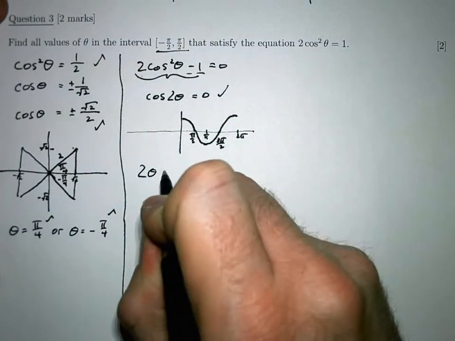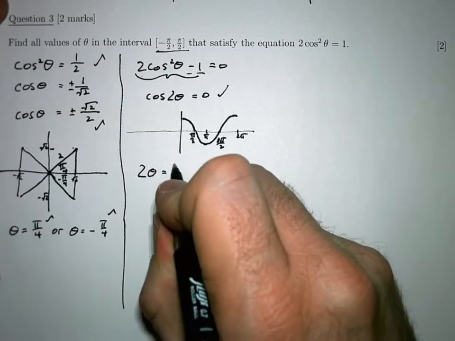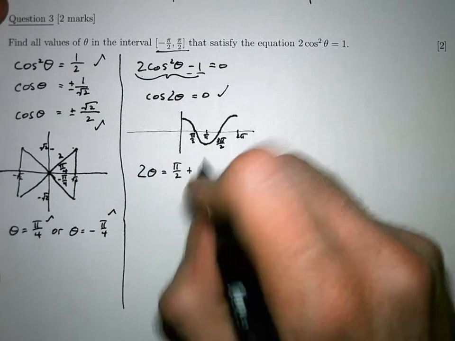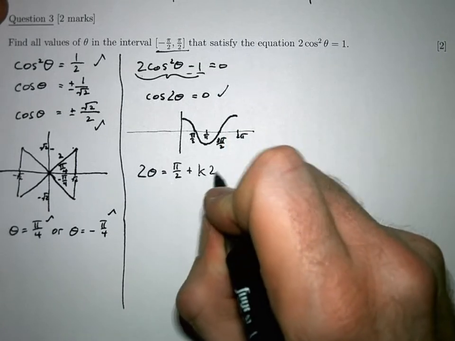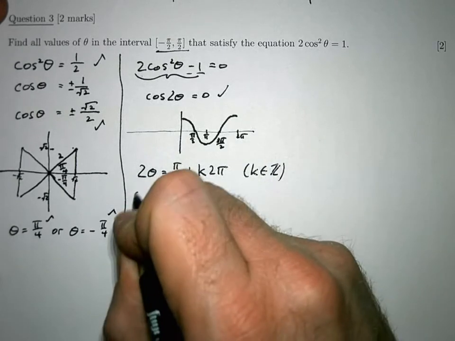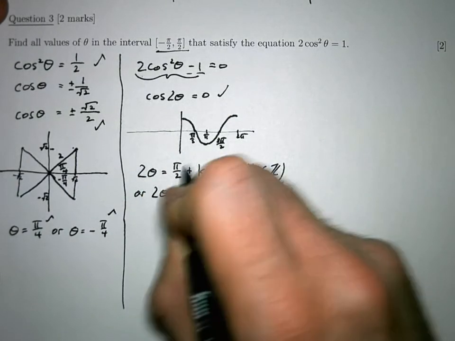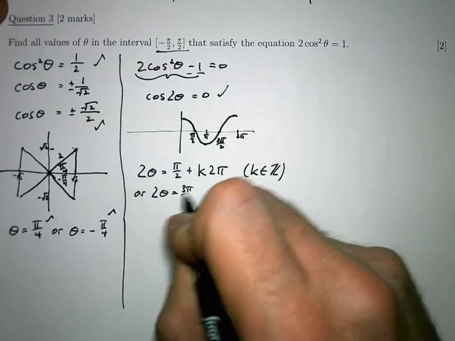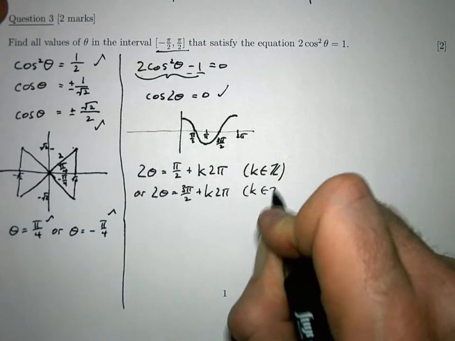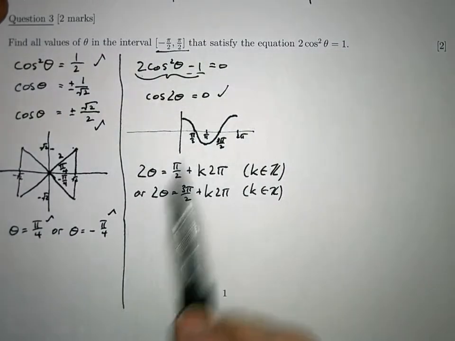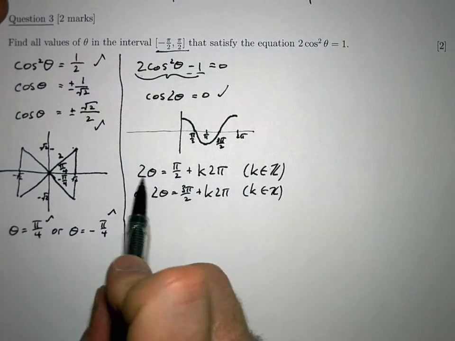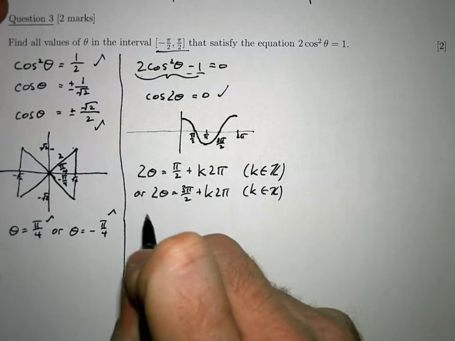That means that 2 theta is equal to pi over 2, remember it repeats, plus k times 2 pi for some integer k, or 2 theta is equal to 3 pi over 2 plus k 2 pi for some integer k. We're interested in theta, so we need to divide by 2.